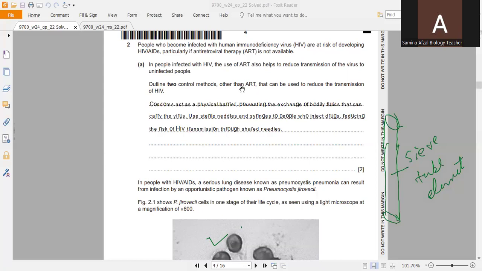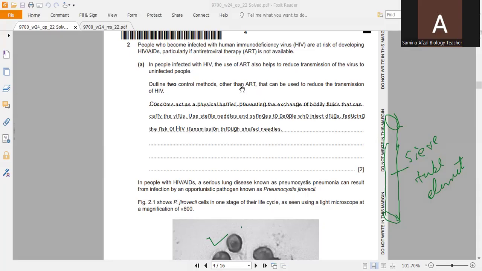If people are infected with HIV, the use of ART also helps to reduce transmission of the virus to unaffected people. Outline two control methods other than ART that can be used to reduce the transmission of HIV.